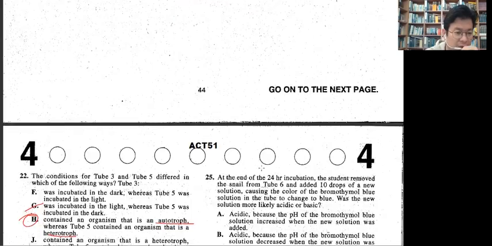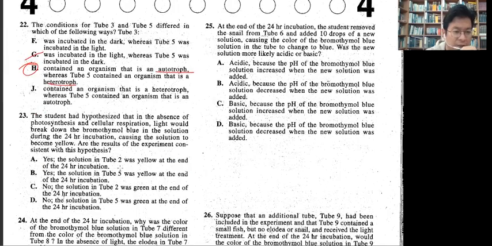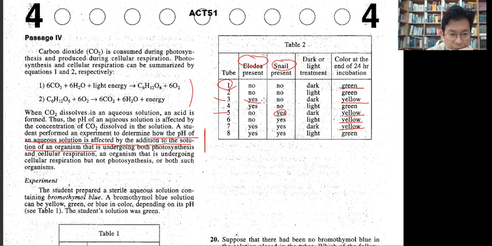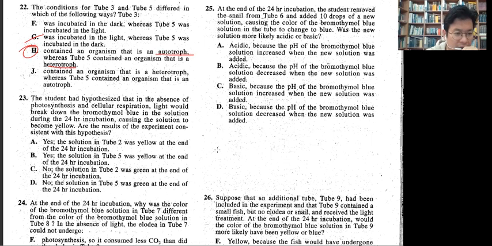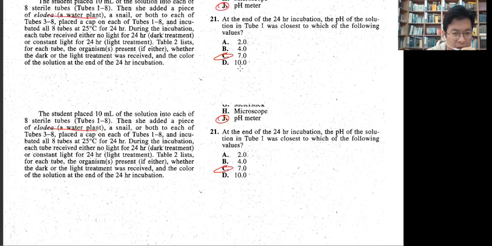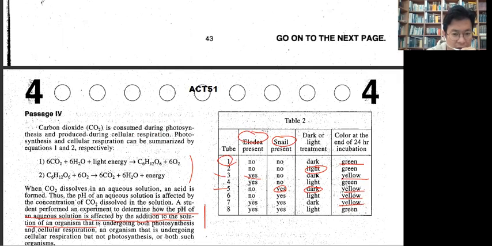If you look at the answer choices, this is comparing tube 2 and tube 5. Tube 2 is light and tube 5 is dark. Light but green, dark, yellow. So this is C, because tube 2 is green even with the light.